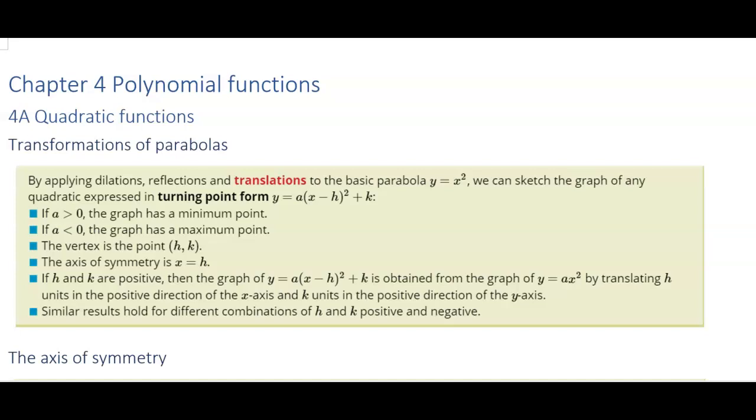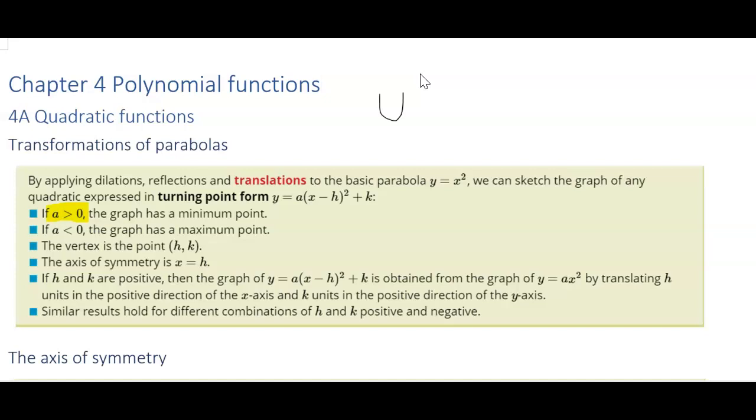So, transformations of parabolas. Transformations we've done before, so hopefully it's just revision for you. Remember, we've got the value of A. If A is greater than 0, the graph has a minimum point. That just means the type of graph you have is your basic parabola, which looks like that.